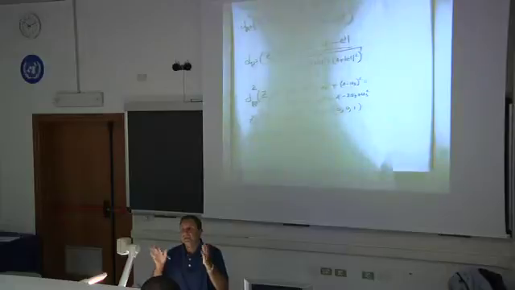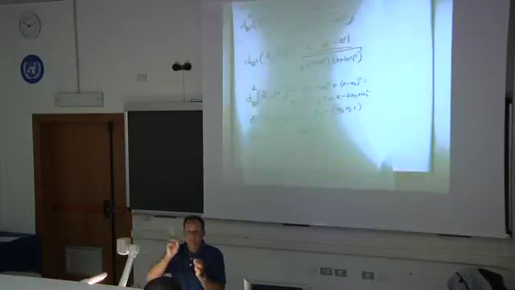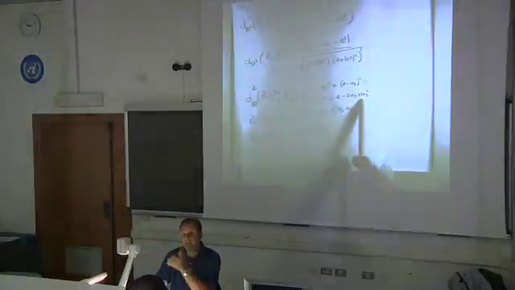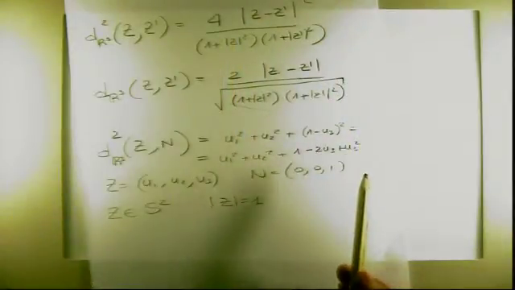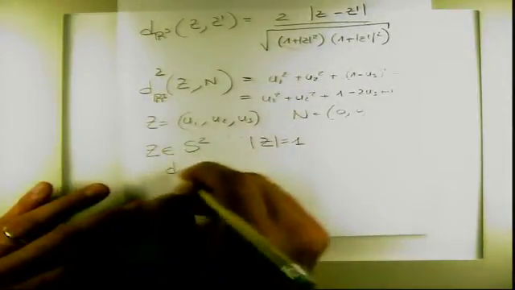So you define S2 to be the unit sphere in R3. So a point on a sphere S2 is a point whose distance from the origin in the sense of Euclidean distance in R3 is 1. So I'm assuming here that u1 squared plus u2 squared plus u3 squared, and I'm going to use it, is equal to 1.